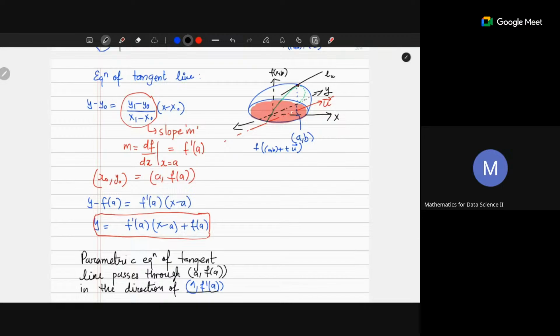We already know that it passes through (a, b, f of (a, b)). So clearly, the line L_u passes through the point (a, b, f of (a, b)).